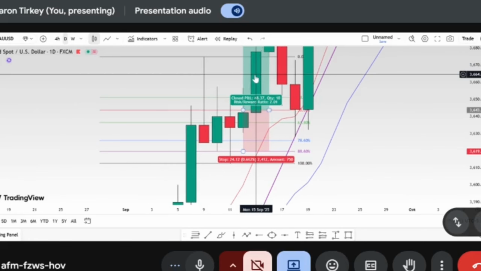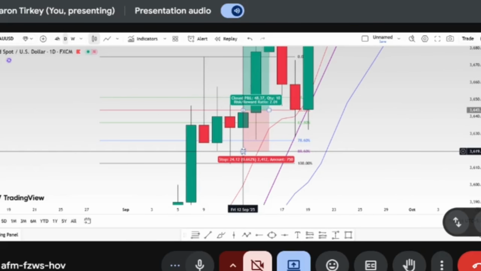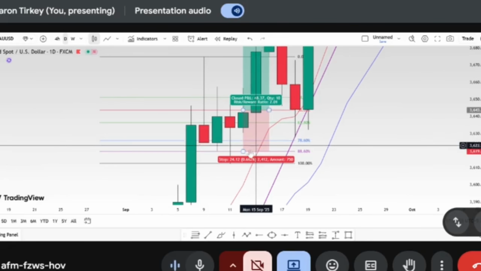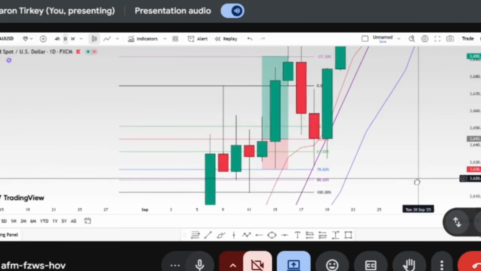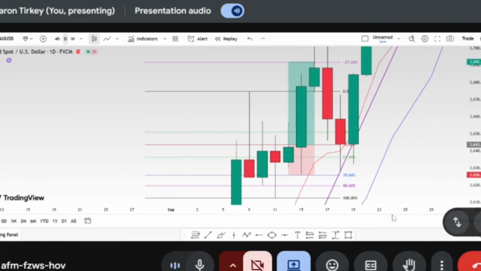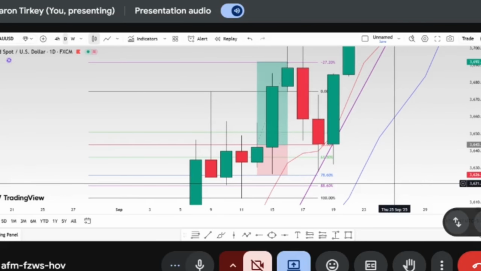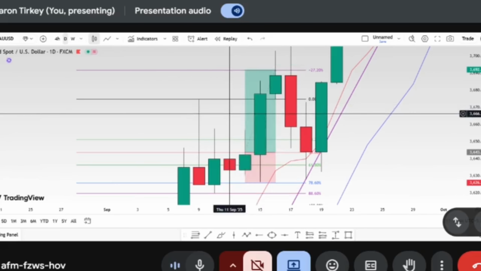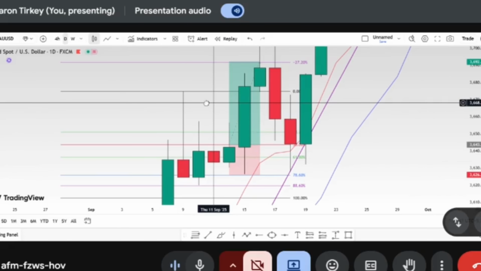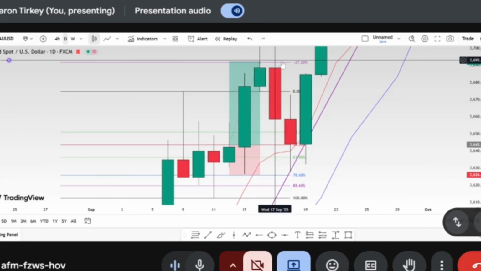So this is our next day, 15th September. Then this is our last week of these candles. So you reduce your risk here, 276. And then it still makes runs, so you need to replace your stop loss again and again until your target is hit, minus 27%.